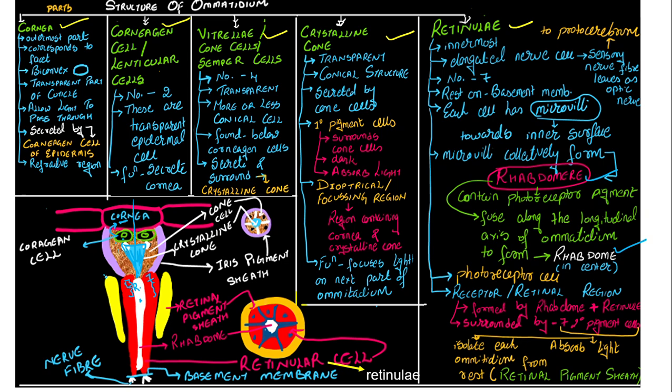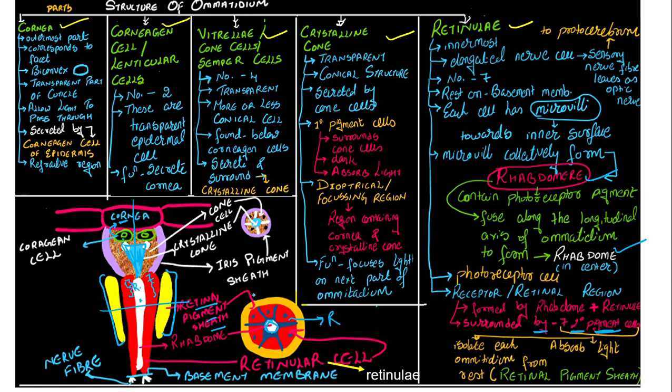Okay? Oh, I forgot to tell you this. Surrounding these receptors, surrounded by the secondary pigment, we call it the retinal pigment sheath. Here, if you take a transverse section of it, in the middle what is present? Rhabdome is present. Surrounding the rhabdome, what is present?